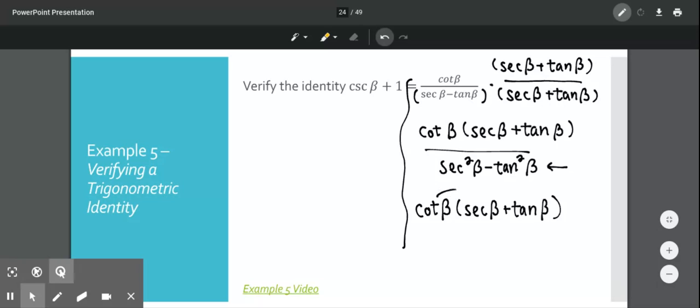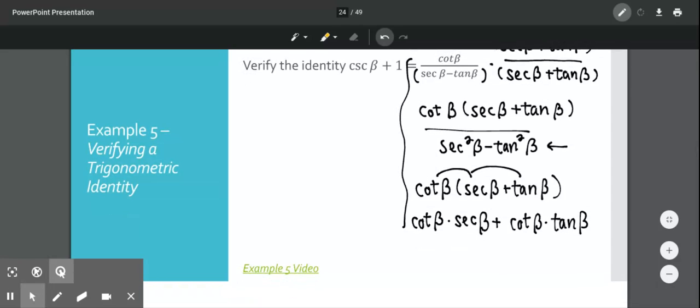I would distribute cotangent through. So you'll have cotangent times secant plus cotangent times tangent. If you're not sure what cotangent times secant simplifies to, change it into sines and cosines.